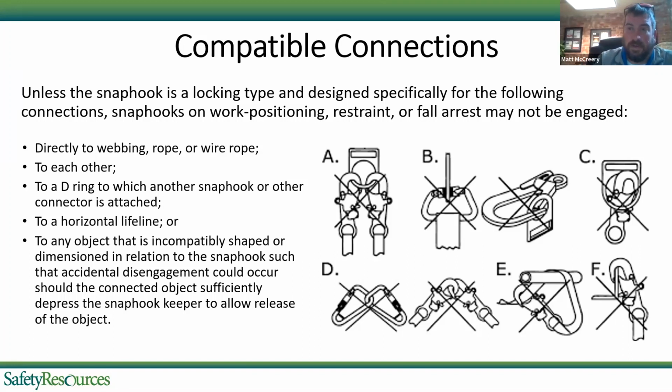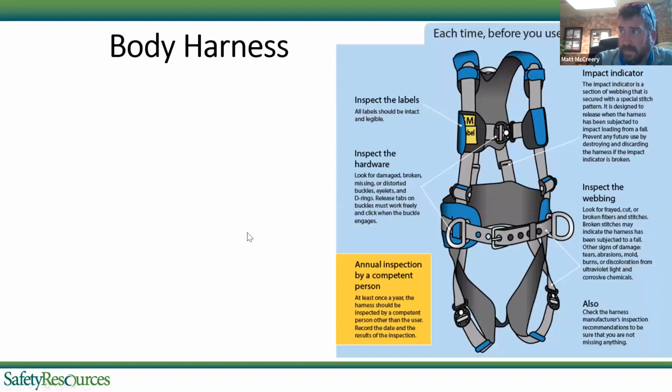When you're talking to your guys, make sure you're talking to them about compatibility of connections on the job site. Also, make sure that they're inspecting their harness. We recommend to all of our clients that we pull the serial number, or identify each harness with a unique number, and we use that to inspect annually from a third party, but our folks still should be inspecting these daily.